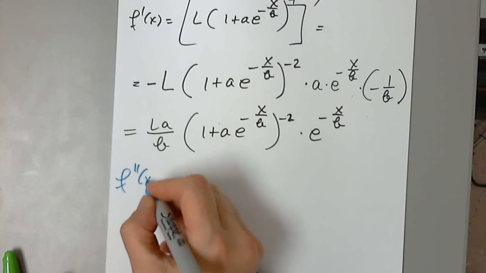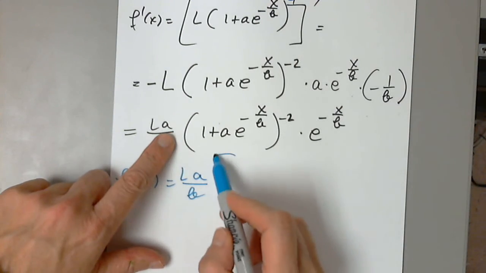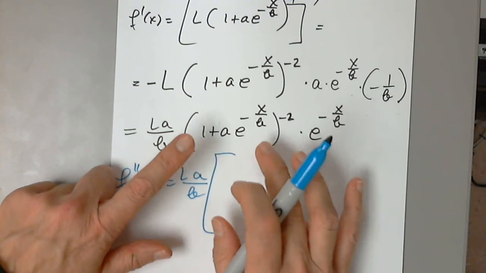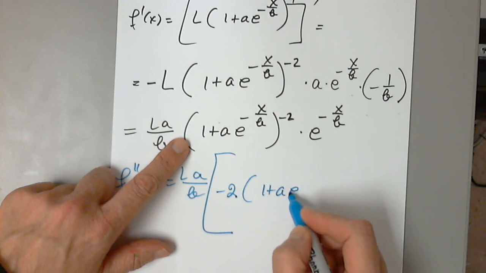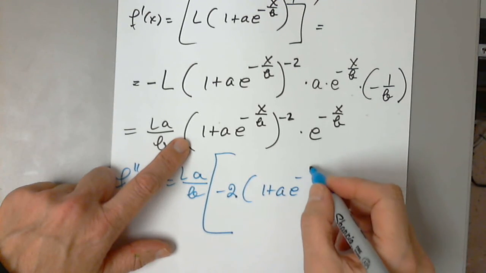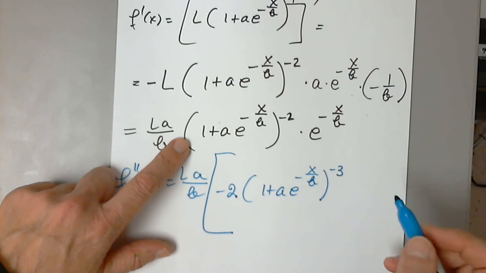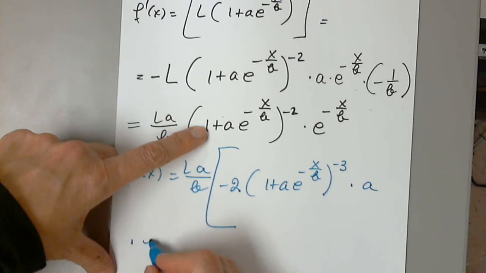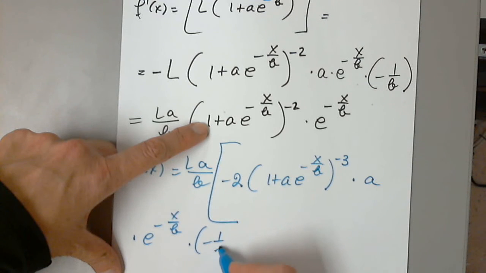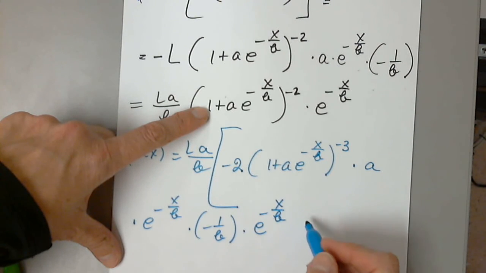So the second derivative now, LA divided by b. I differentiate the first one: negative 2 times (1 plus a e to negative x over b) raised to negative 3 times a times e to negative x over b times negative 1 over b times e to negative x over b.